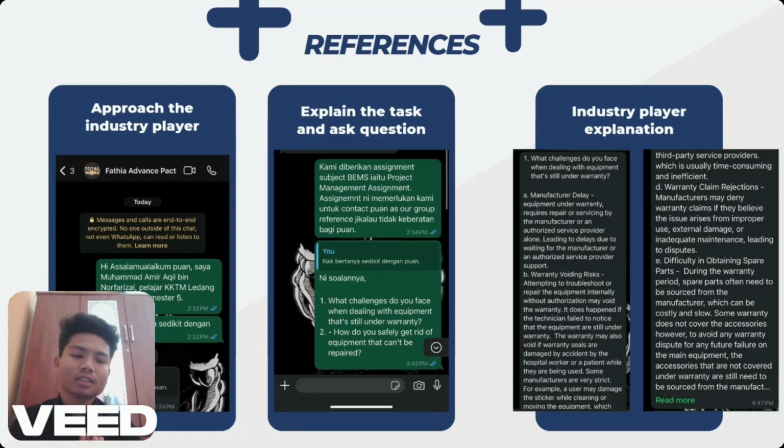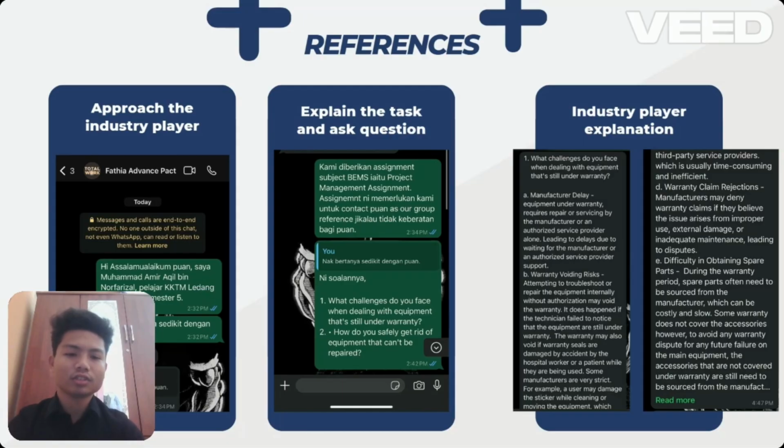Before we approached her on WhatsApp, we formed two questions about our topic, which is technical support activities. Here we can see we first approached by introducing ourselves, and then we explained our task and asked questions.